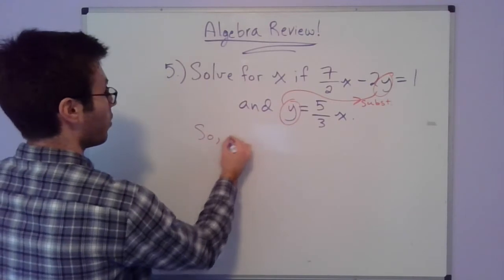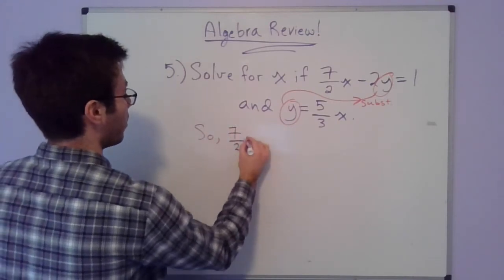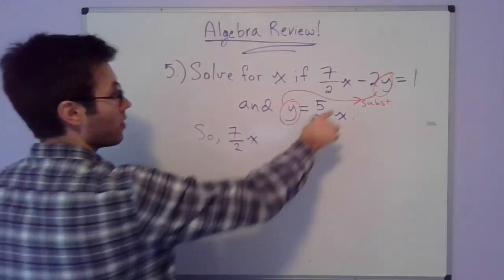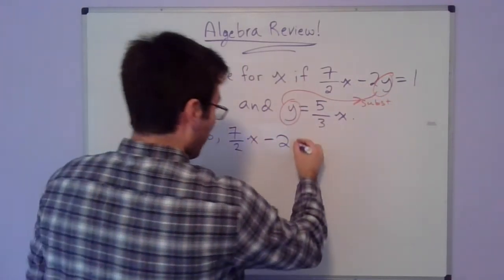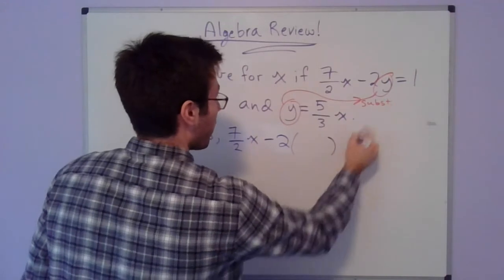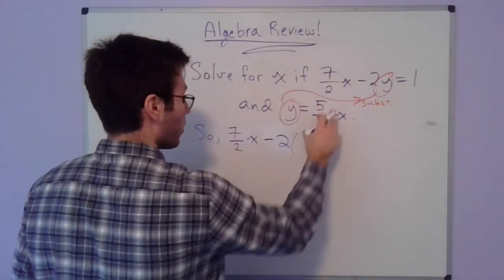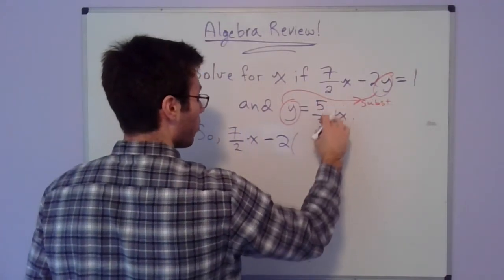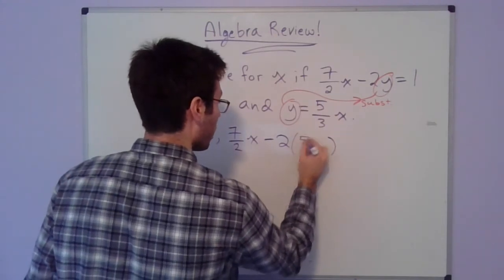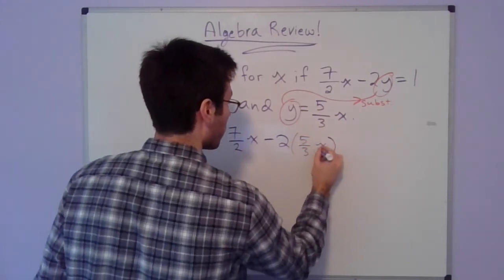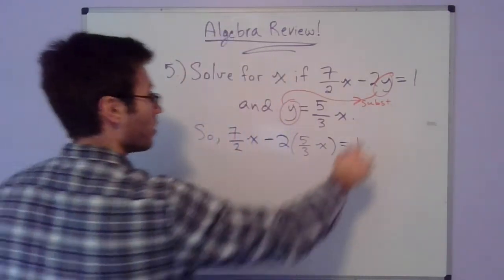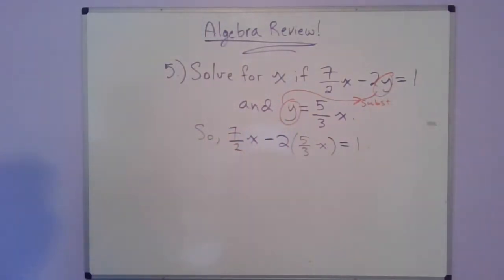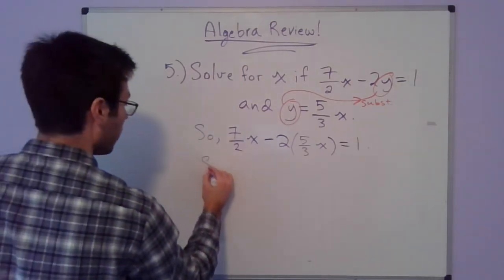So you have 7 halves, 7 divided by 2x minus 2, parentheses, can't go wrong with parentheses around that y. What we're substituting. Y is no longer y, it's 5/3 times x is equal to 1. Period. End of thought.